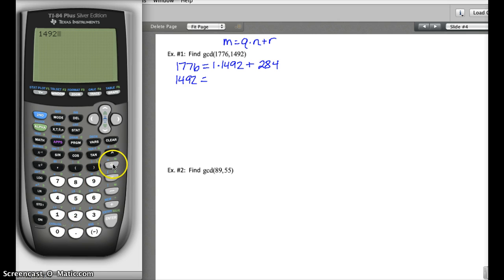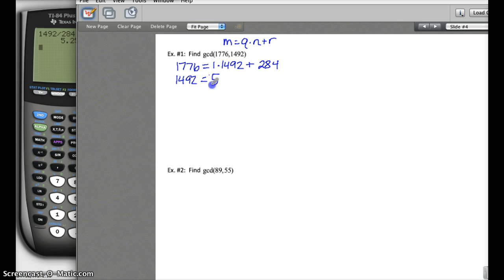1492 divided by 284. We're interested in the quotient, so how many whole times does it go in? The 5 is what is important for us. So 1492 is equal to 5 times 284. And now we need the remainder.